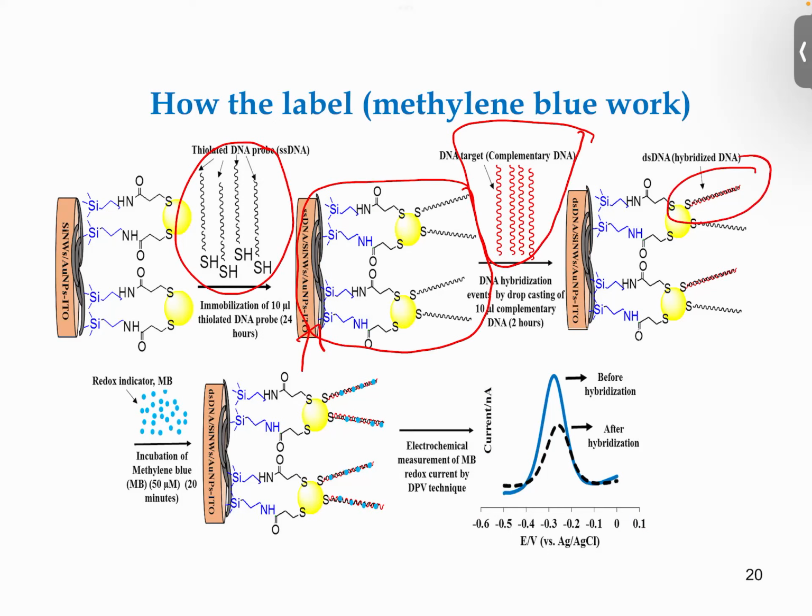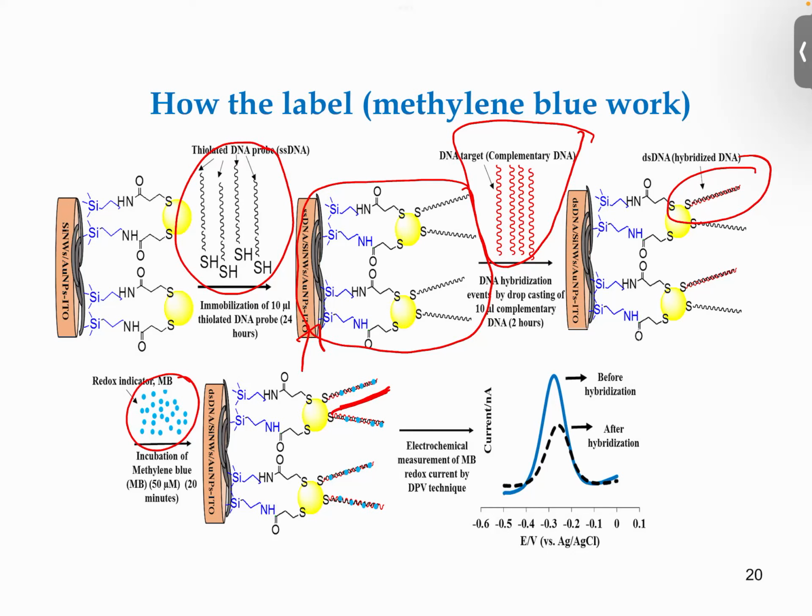After that, we expose the whole set to methylene blue, the hybridization indicator, and the methylene blue will intercalate. You can see there are blue colors intercalated inside the double helix structure of the DNA.